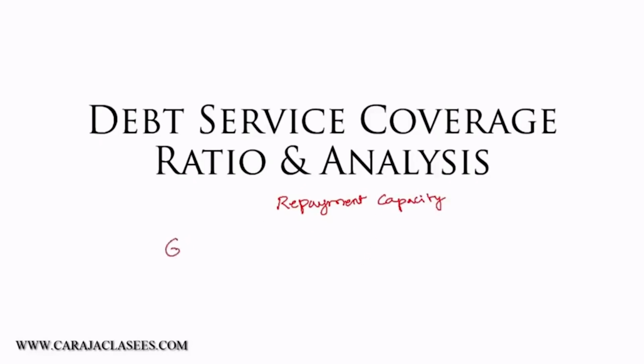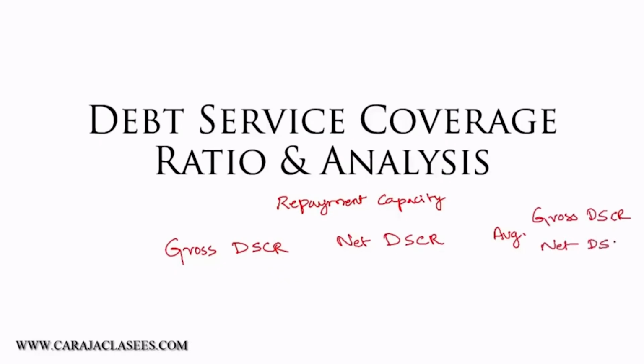We have gross DSCR, then we have net DSCR, and we also have average of gross DSCR, average of net DSCR. So within debt service coverage ratio itself we have almost 4 types of debt service coverage ratios. So what is gross DSCR, what is net DSCR?